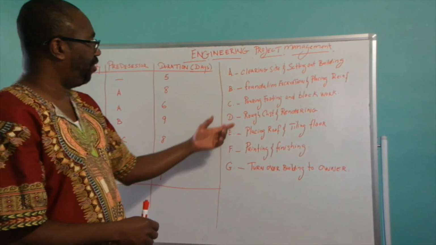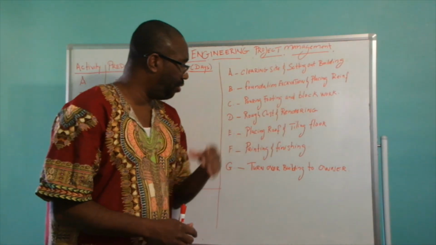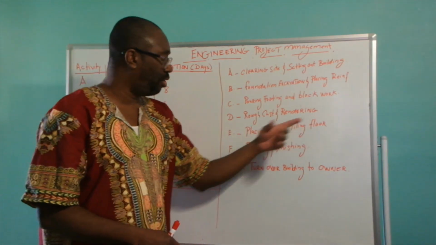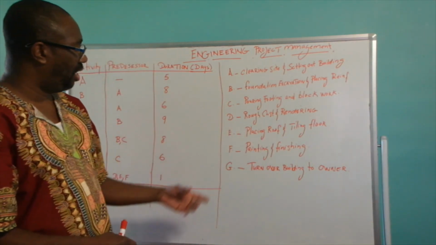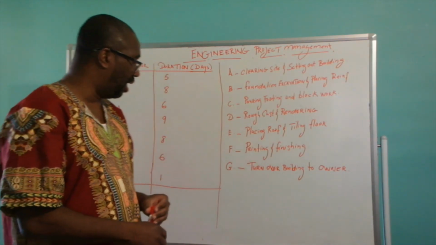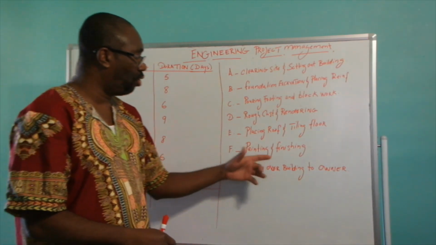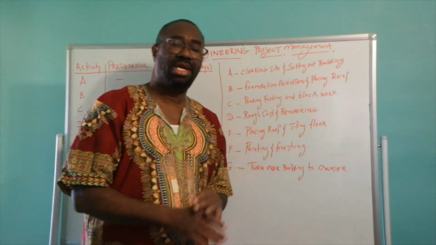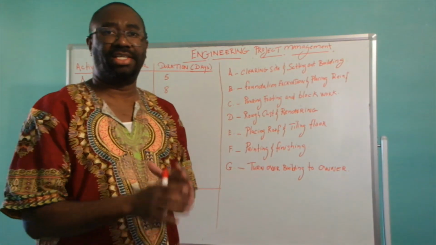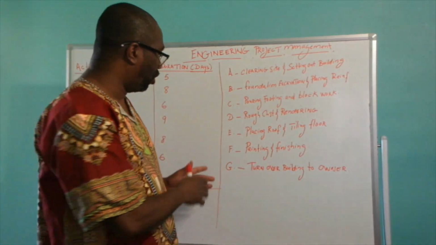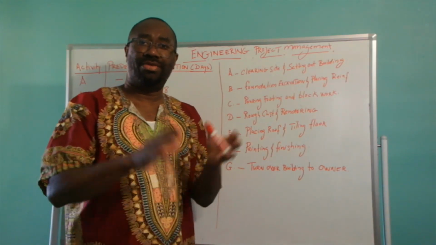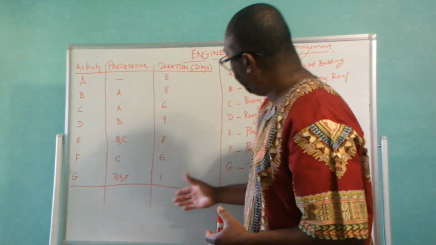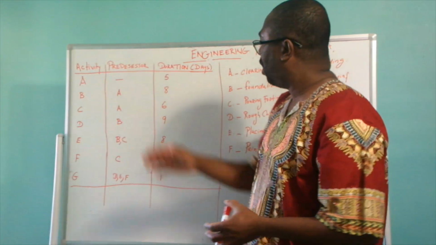Activity D is rough cast and rendering. Activity E is placing roof and tiling floor. Activity F is painting and finishing, and activity G is turning over the building to the owner. After the building has been finished, everything is done and the owner is satisfied, you can now turn over the building to the owner.